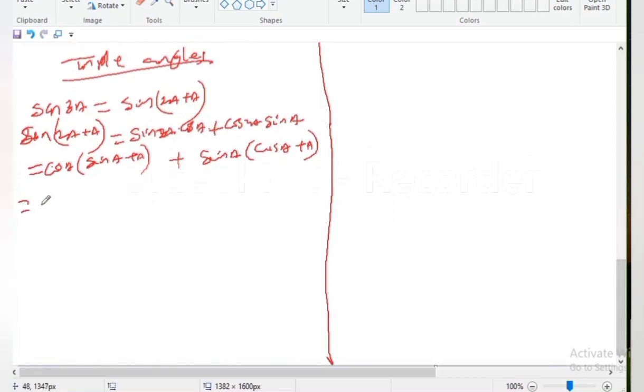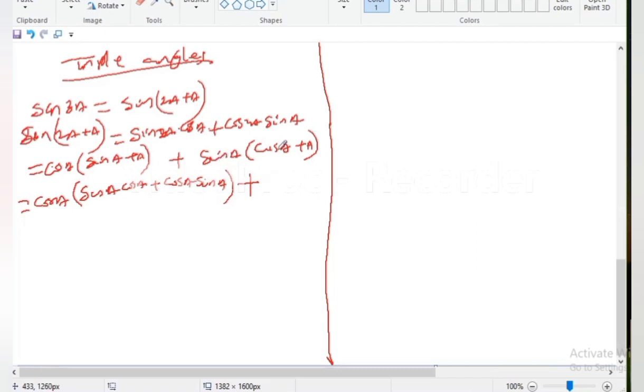You expand it also, cos A into brackets. Then this is sine A cos A plus cos A sine A. That's that.